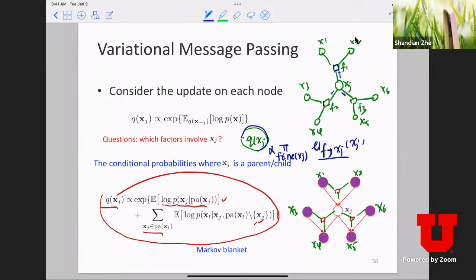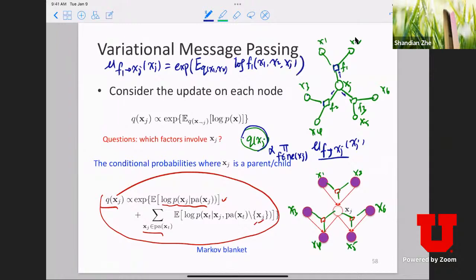It is just like if you want to compute mu f1 to xj, okay? So it is just the expectation of the message sent from x1, x2 to f1, that is x1, x2, times the logarithm of f1 and x1, x2, and xj.